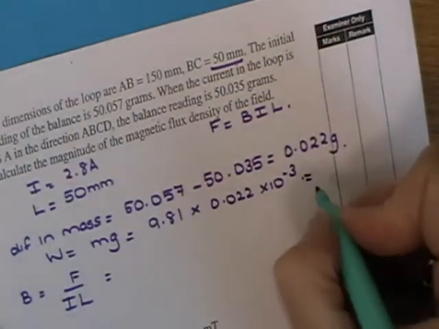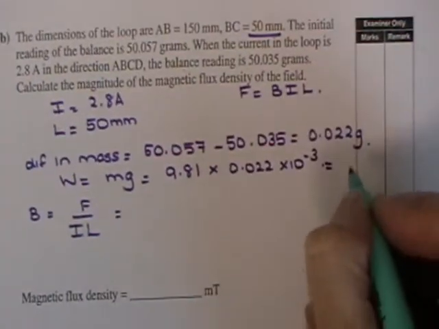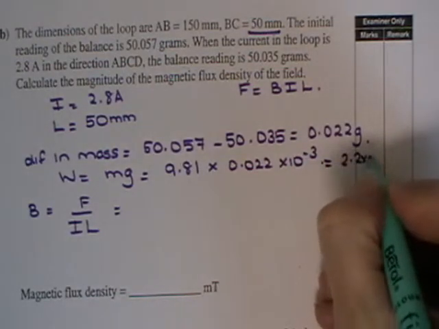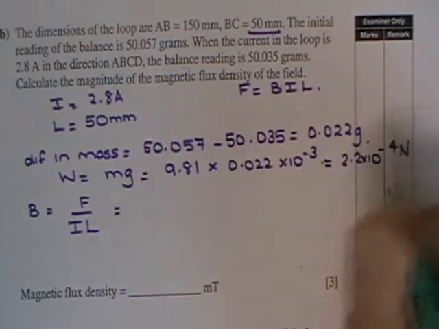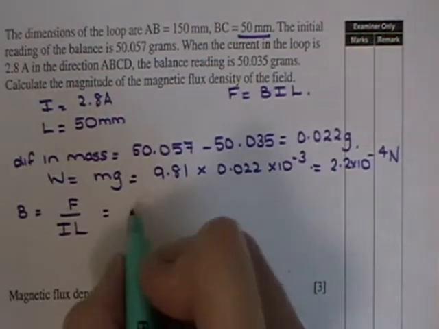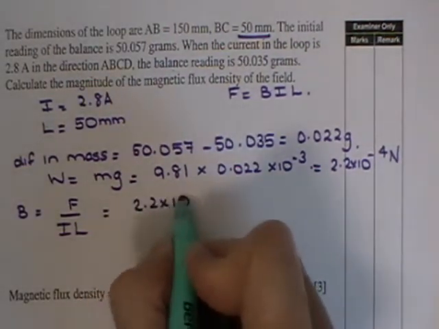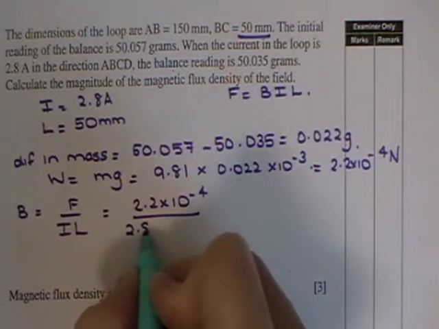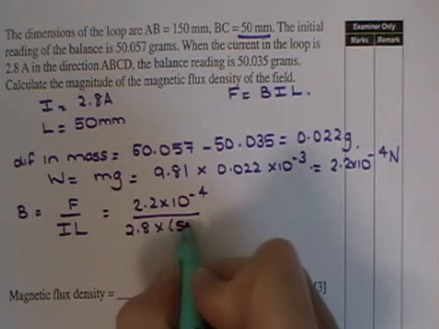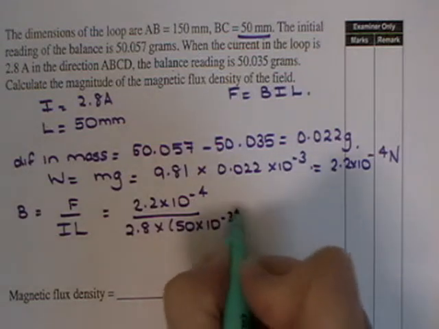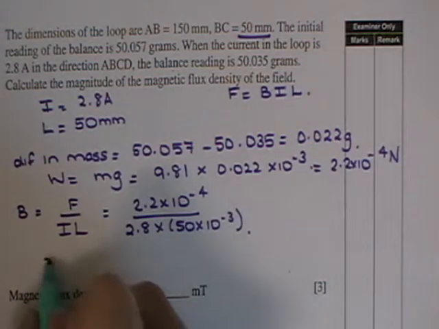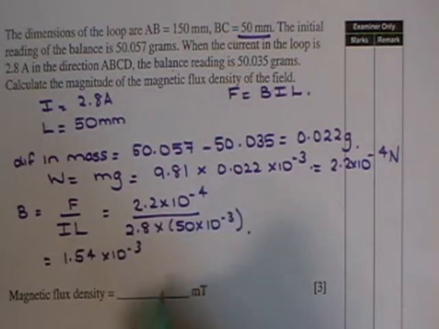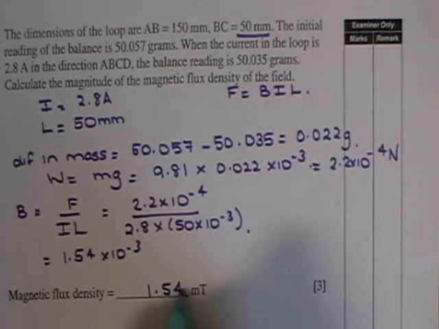That actually comes out to be 2.2 by 10 to the minus 4 newtons. That's divided by I, which is 2.8, and the length is 50 by 10 to the minus 3 metres. And that brings you out as 1.54 by 10 to the minus 3, or 1.54 milliteslas.